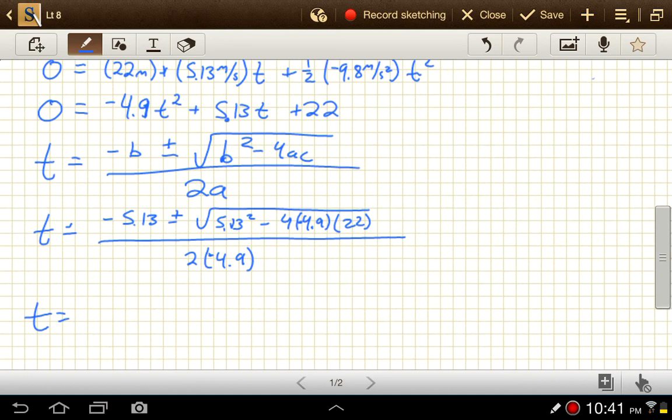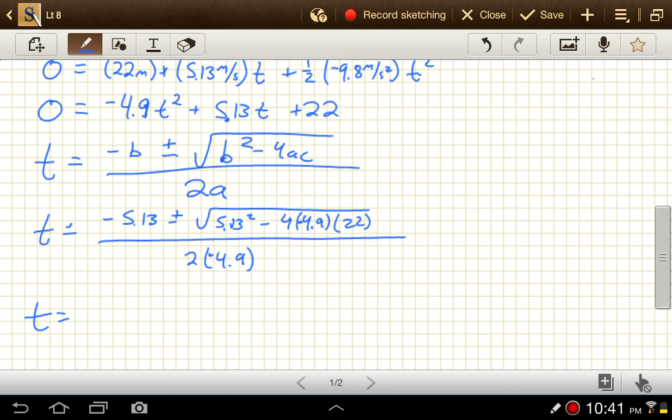Okay, divide that by negative 9.8. And it still seems a little high. Let me double check my math. Let's see, 4 times 4.9 times 22, square root then, whole thing. And oh dear, I only divided the second term by that 9.8.